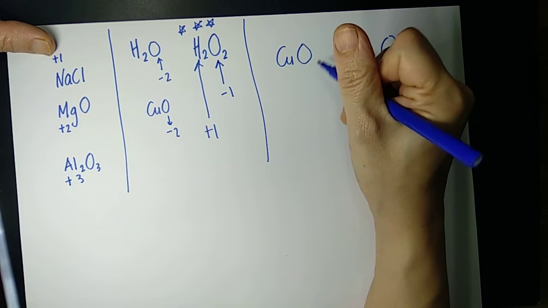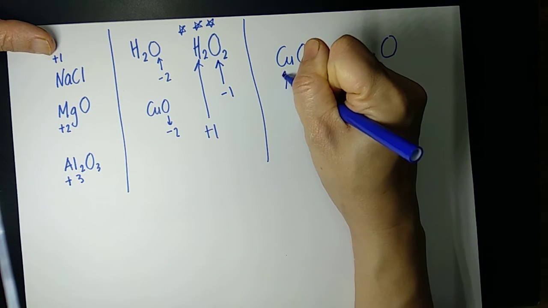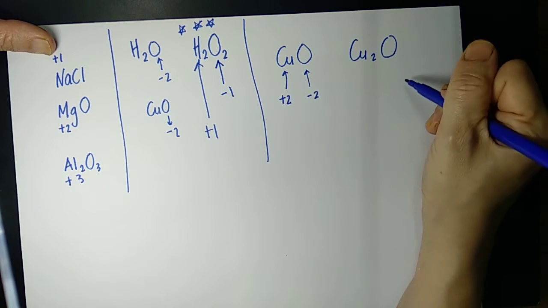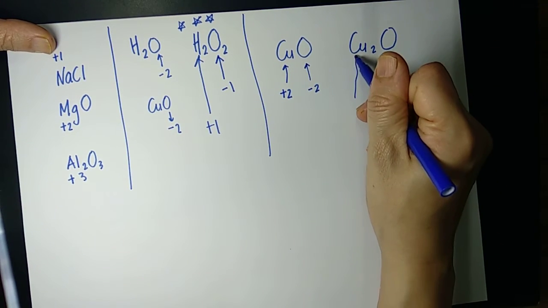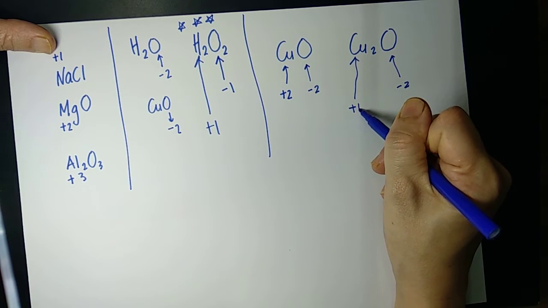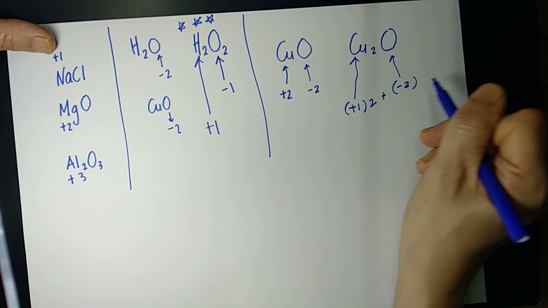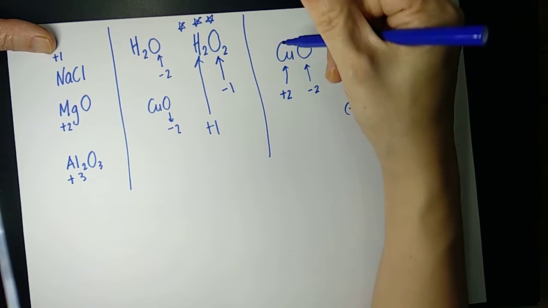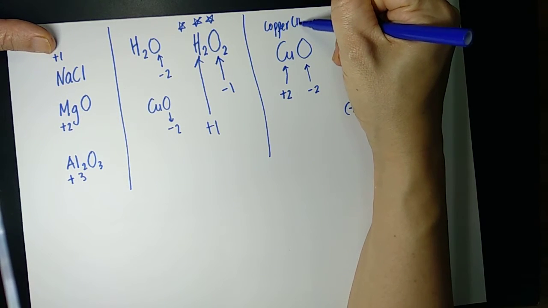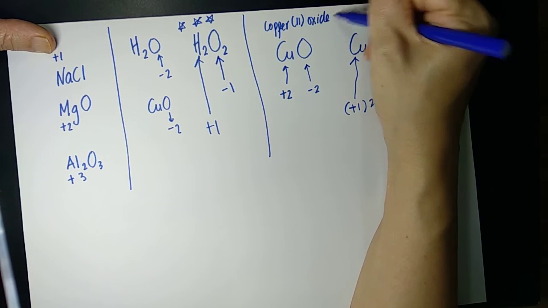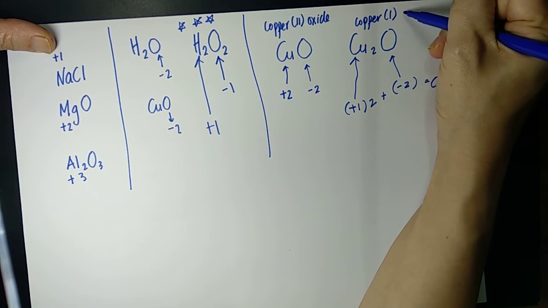Now if you look carefully, the oxidation state of oxygen is -2, so this has to be +2. In Cu2O, the oxidation state of oxygen is -2, therefore the copper here has to be +1, because +1 times 2 plus -2 equals 0. Therefore, this compound is called copper 2 oxide, and this compound is called copper 1 oxide.